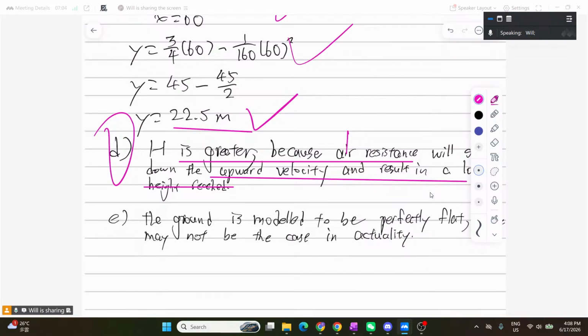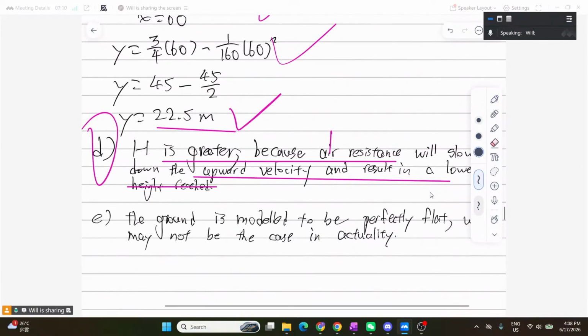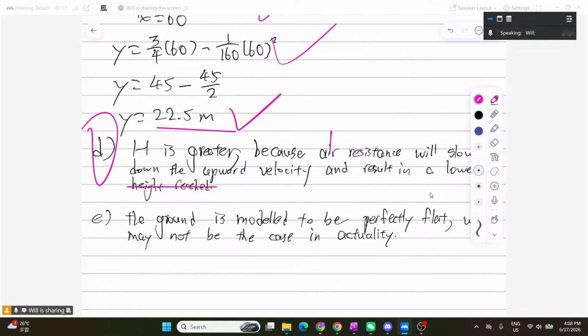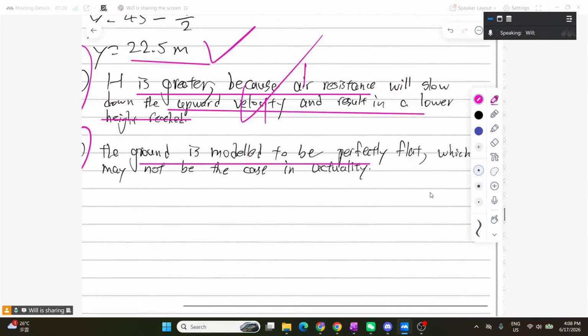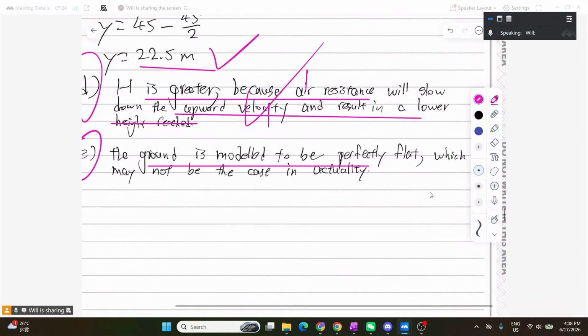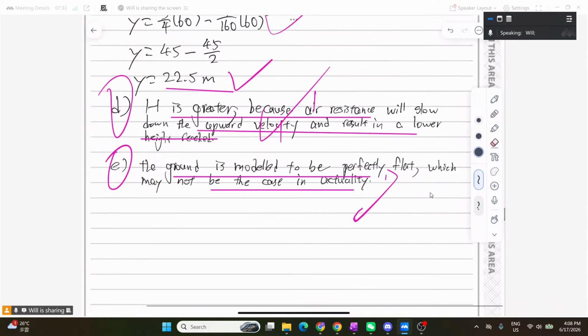You mentioned the air resistance, which slows down, reducing the vertical velocity, and limiting height. No problem. And the final one, the ground model to be perfect, flat. The model assumes the air resistance as a constant. What do you mean? This is your sentence, your statement.